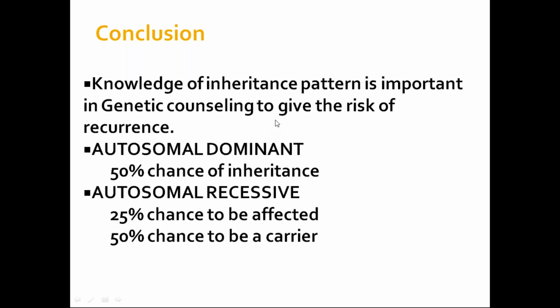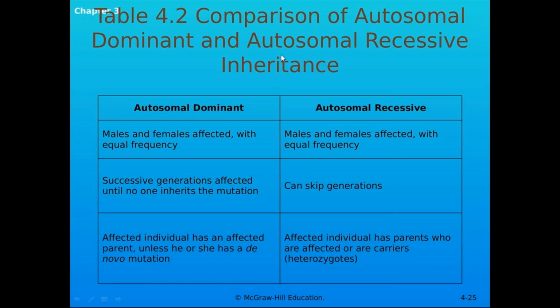This is the main difference between autosomal dominant and autosomal recessive. In autosomal dominant, 50% of children are affected completely. There is no carrier. In autosomal recessive, only 25% of children are affected, and 50% of children are carriers for the next generation.